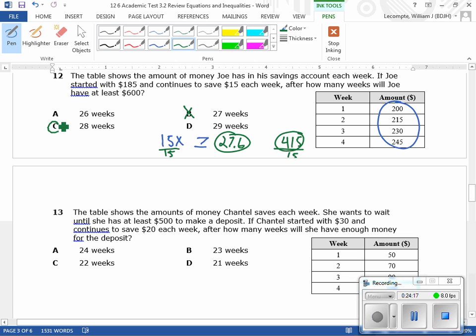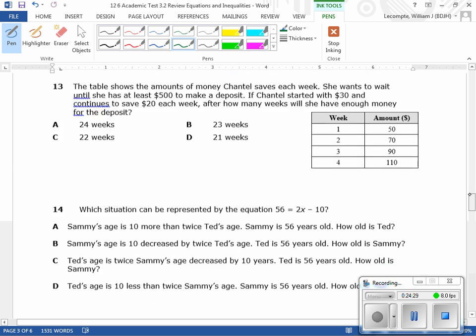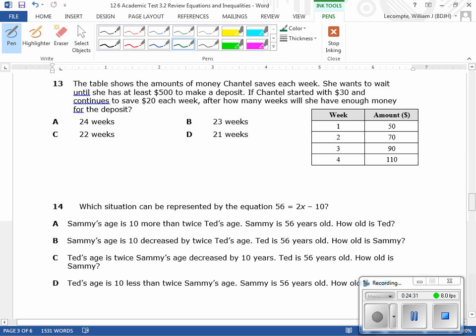So we're going to move up to number 13. Same type of problem, right? Almost the same situation. We have to make at least, so that would be a greater than or equal sign, $500. Chantel started with $30, and continues with $20 a week. So subtract 30 from both sides, gives me 470.